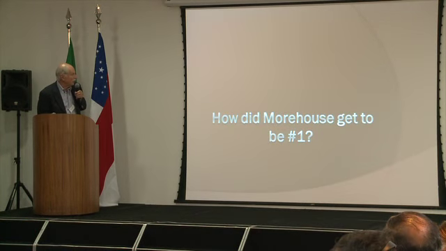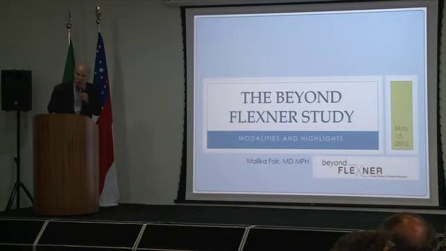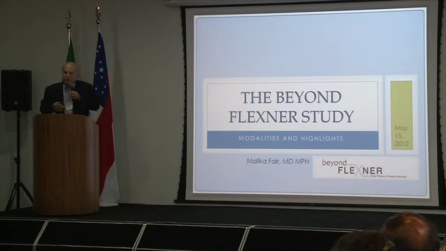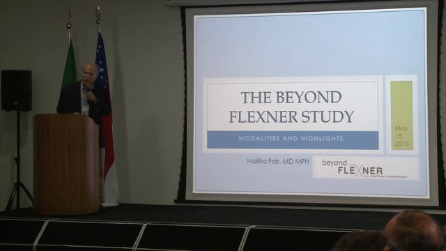We're very happy about it, and so I thought I'd briefly talk about how Morehouse got to be #1, and this has to do with the Beyond Flexner study that was mentioned a few minutes ago. I actually adjusted some of these slides after I understood that Dr. Kaufman was not going to get here, and so he would not already have talked about the Beyond Flexner study, but I think sometimes it's good to hear things twice and you remember them better that way.